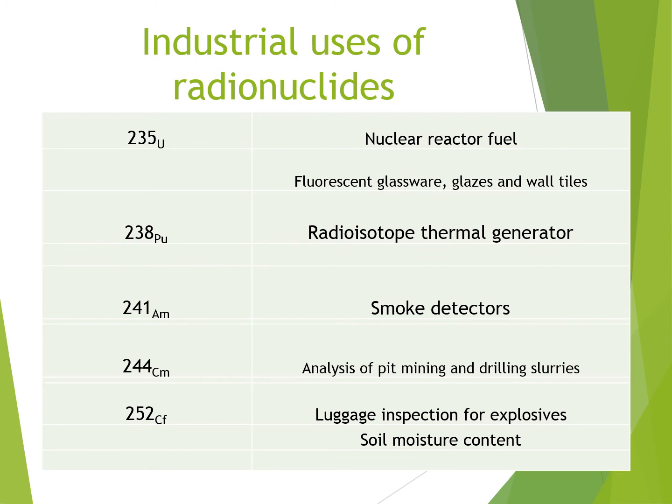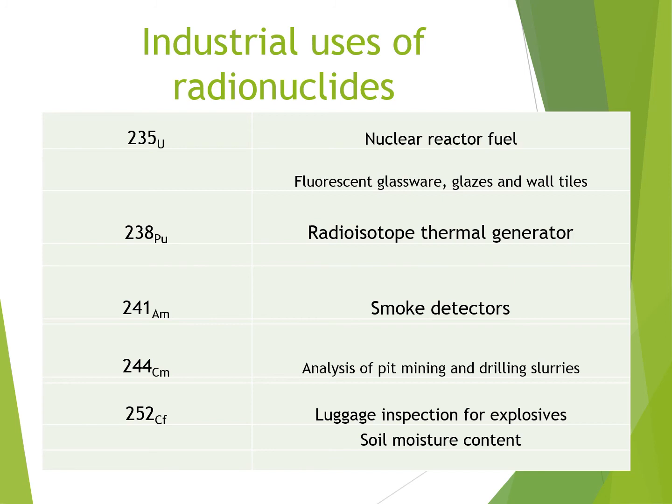Then we have the americium 241 isotope, and this americium 241 isotope is used in smoke detectors. We have the curium 244, Cm 244 isotope, and this isotope is used for the analysis of pit mining and drilling slurries.